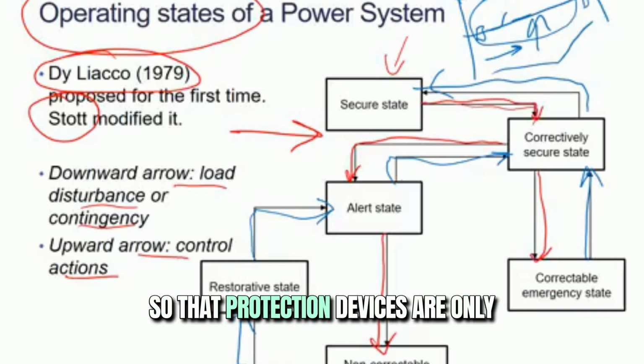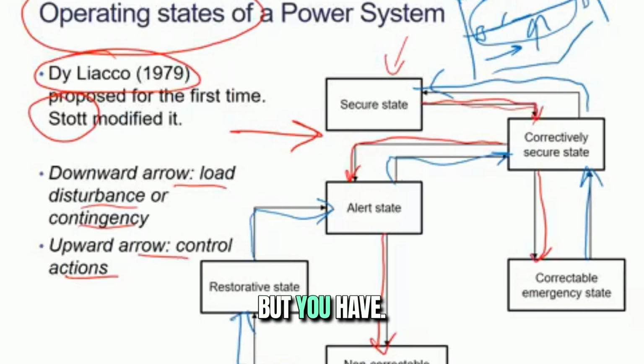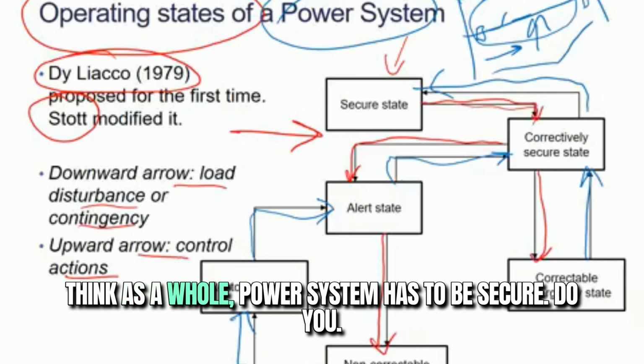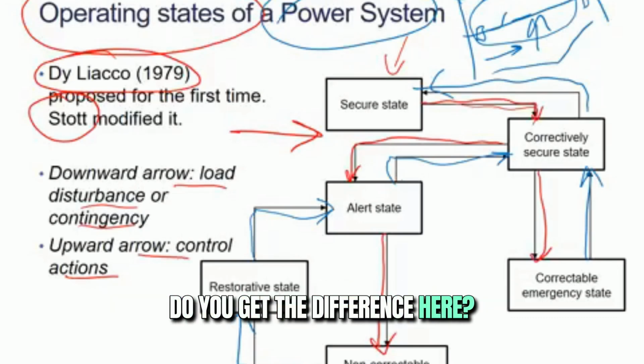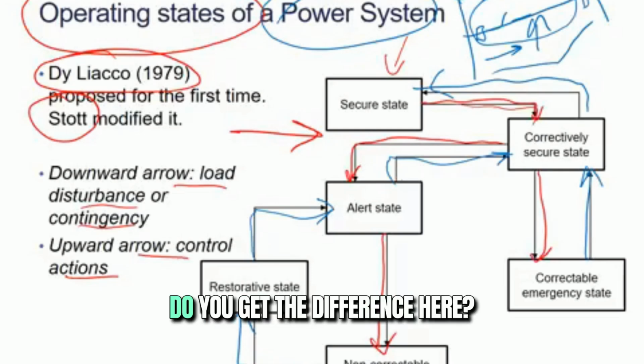Those protection devices are only protecting those equipments from damage. But from the power system point of view, you have to think as a whole. The power system has to be secure. Do you get the difference here?